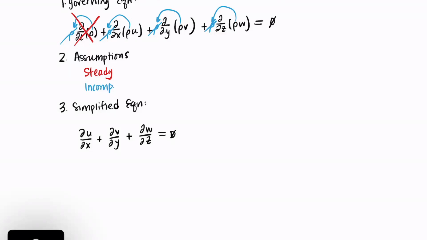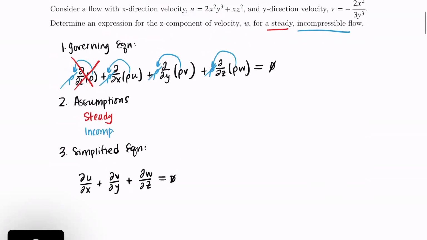Okay. All right, so we already have u given to us and v given to us, and we want to find this one, w. All right, so I'm just going to plug in u and v, take my derivatives, and then I'm going to do the separation and integration to find w.